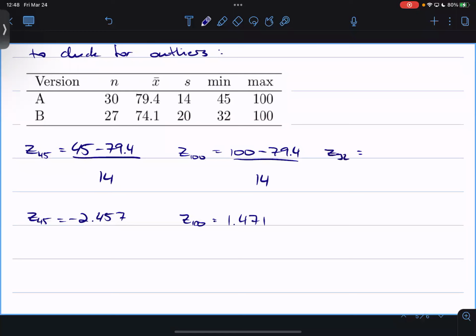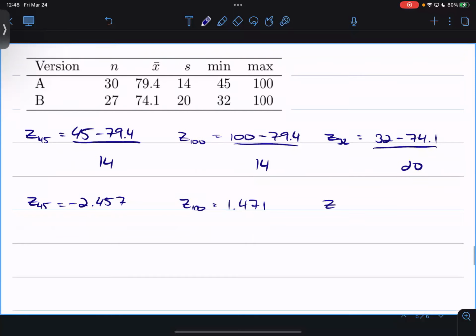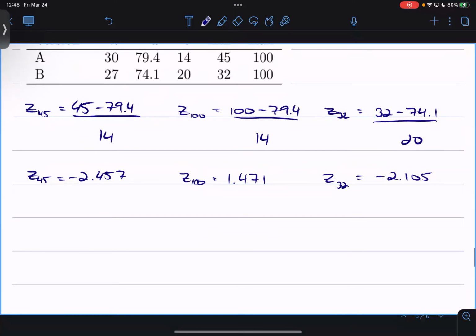32 minus 74.1 divided by 20. And aren't you guys going to be so lucky? We'll just finish checking the conditions and then you can work on this problem on your own. We'll finish it next day. Z_32 is negative 2.105.